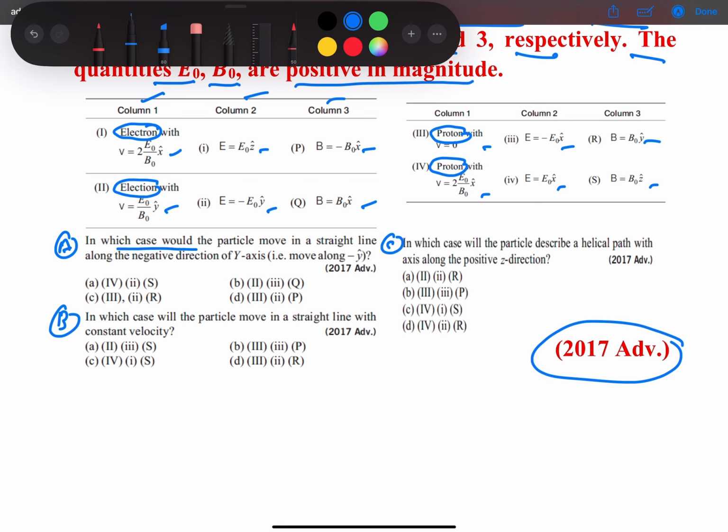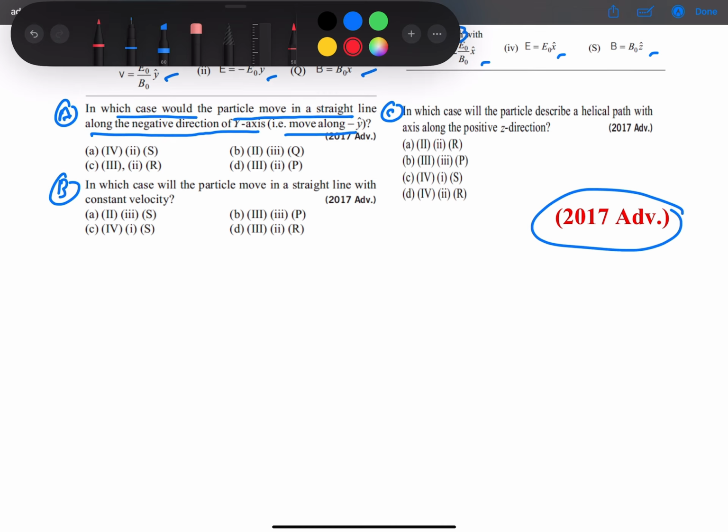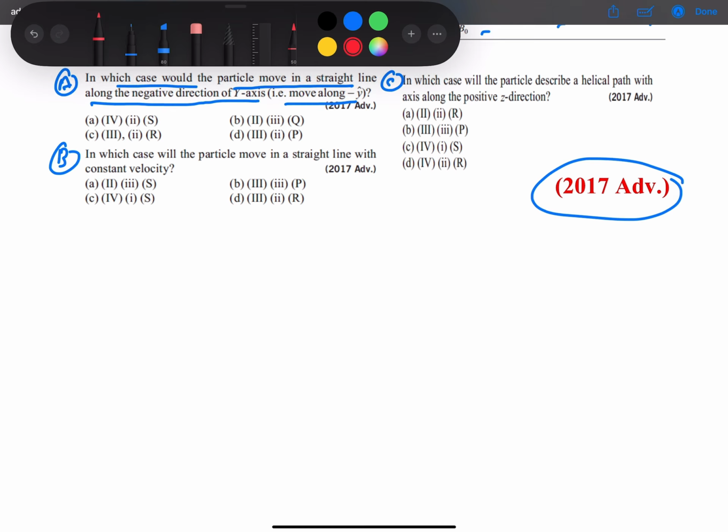In the first case, it says in which case would the particle move in a straight line along the negative direction of y-axis, that is move along minus y unit vector. So it means basically the particle should be moving in a straight line. We start with part A, which wants the particle moving in a straight line, and here particle means electron or it can be proton.